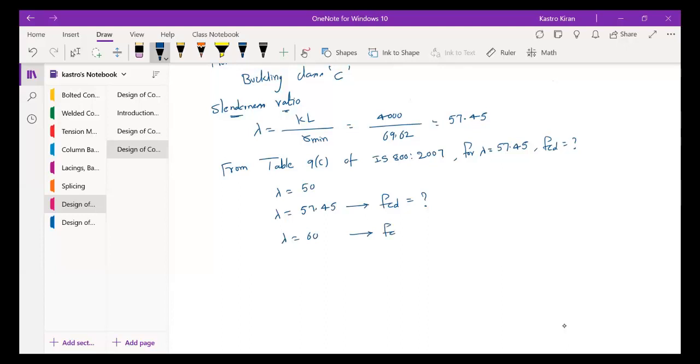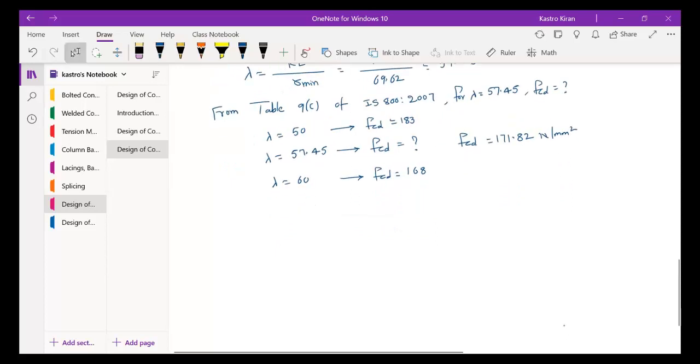When lambda equals 60, the value of FCD is 168, and when lambda equals 50, the value of FCD is 183. So if you interpolate, the value of FCD will be 171.82 newtons per mm square. So make sure of the correct interpolation. This is how you can calculate the value of FCD when lambda equals 57.45.